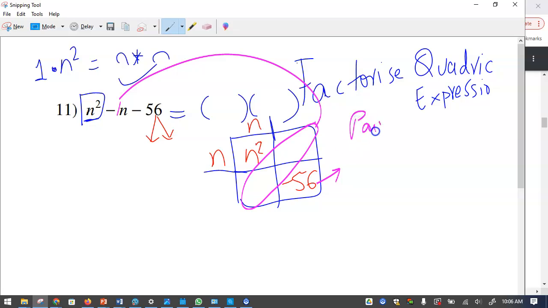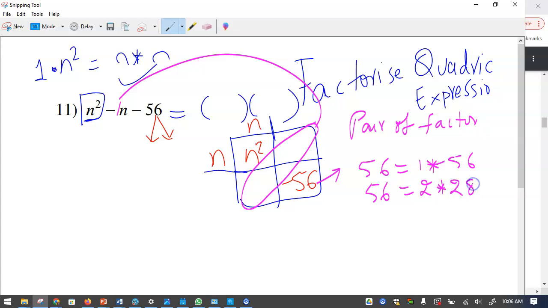One is 56 is 1 times 56. 2 also divides 56: 2 times 28. 3 does not divide 56. 4 divides: 4 times 14. Does 5 divide? No. Does 6 divide 56? No. What about 7? 7 times 8 is 56.